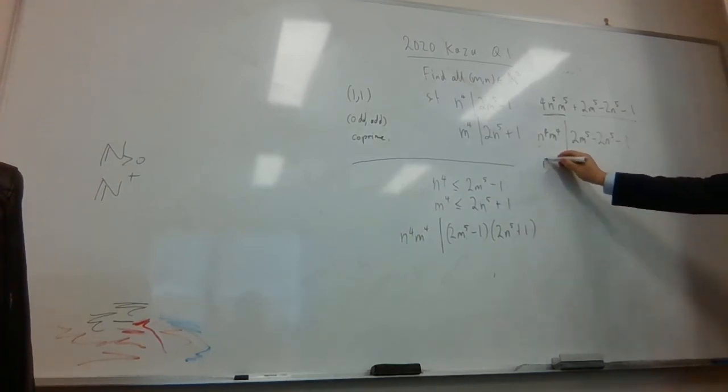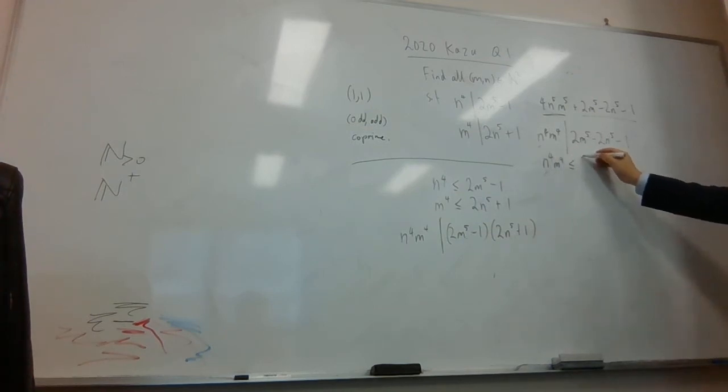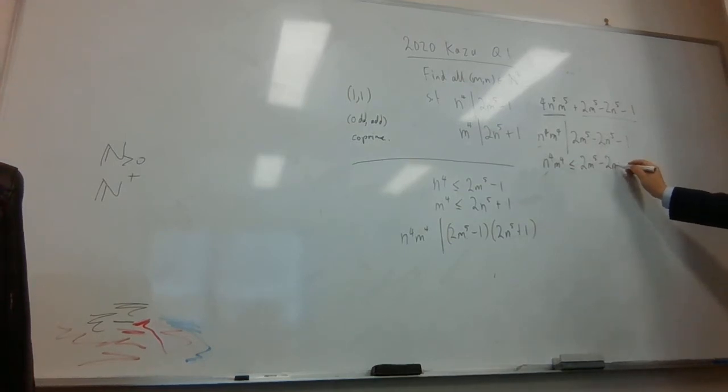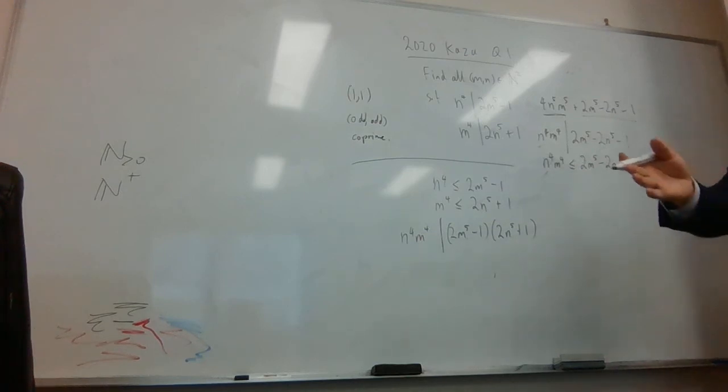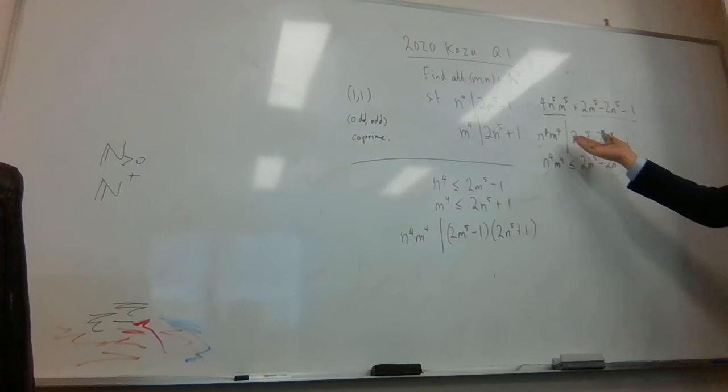So here we can just write something obvious, like n to the 4, m to the 4 is less than or equal to 2m to the 5. This is one of the reasons why you would consider this problem kind of an easy problem, because it has a lot of room to solve it. Some problems are hard because there's only one way to solve it, and it's razor sharp, and you have to really find that way. But this way, this is too big.